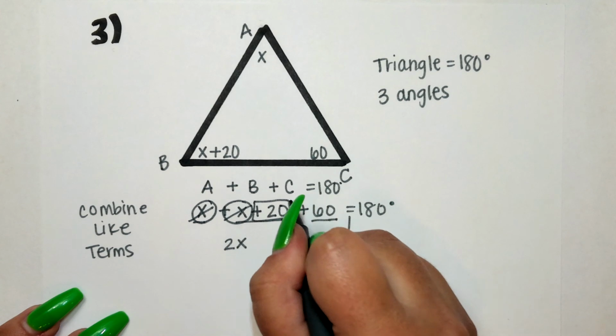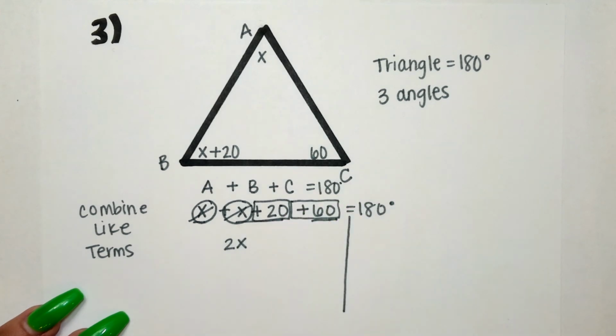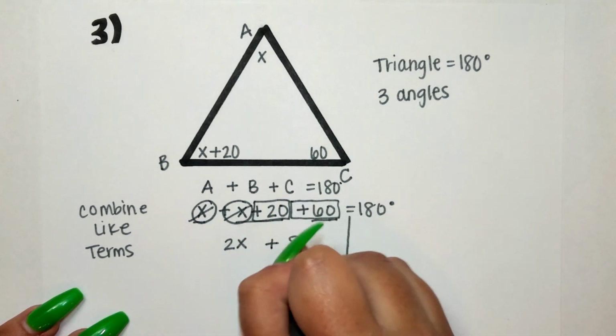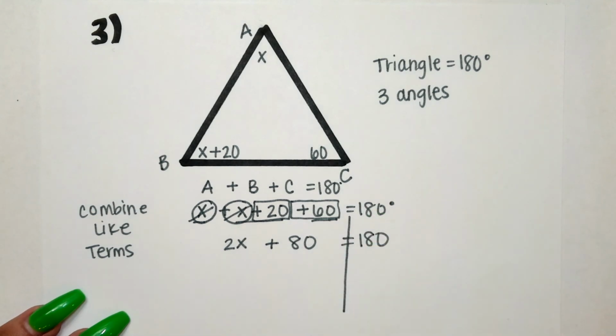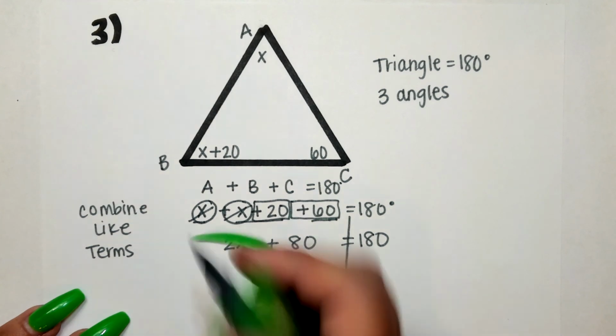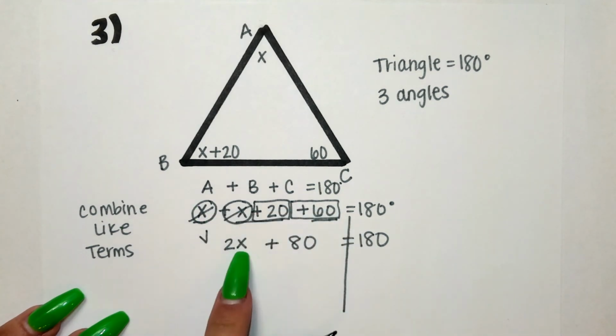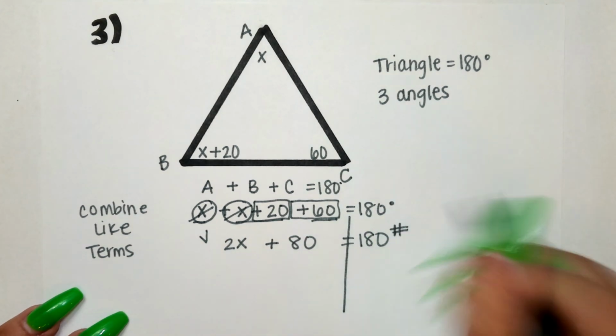So I have plus 20 and plus 60, which is plus 80 equals 180. Now I can solve like normal. The left side is my variable side because that's the only one that has an x. So the right side is my number side.